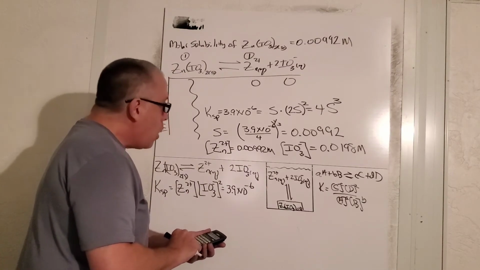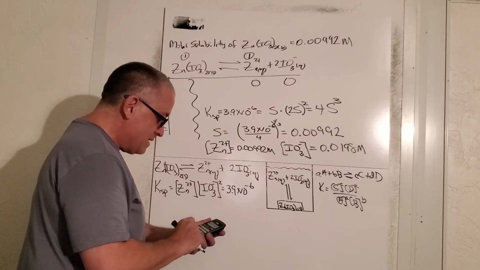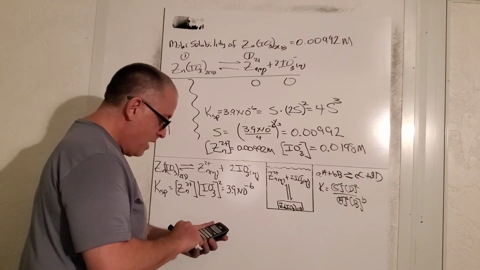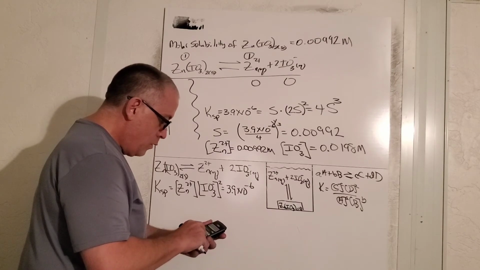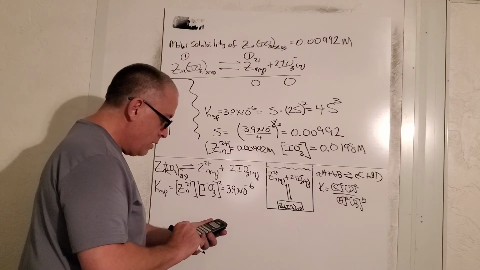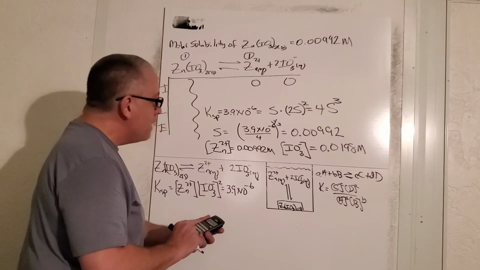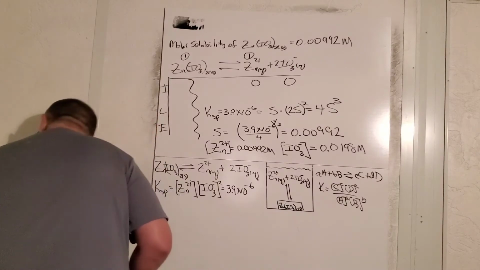Okay, so let's see, 3.9 times 10 to the -6 divided by 4, and then y to the 1/3 power. Yeah, 0.0992. Okay.